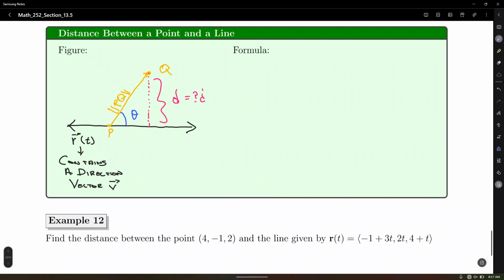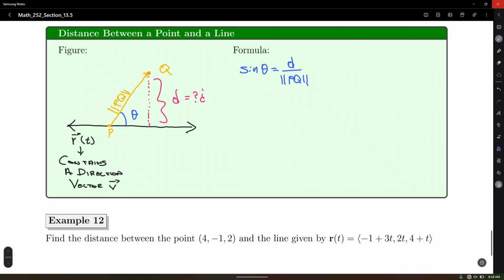So how about we use trigonometry to find this vertical distance right here? What trigonometric function relates this distance and the magnitude? Sine. So sine theta equals opposite over hypotenuse, which is the distance over the magnitude of PQ.